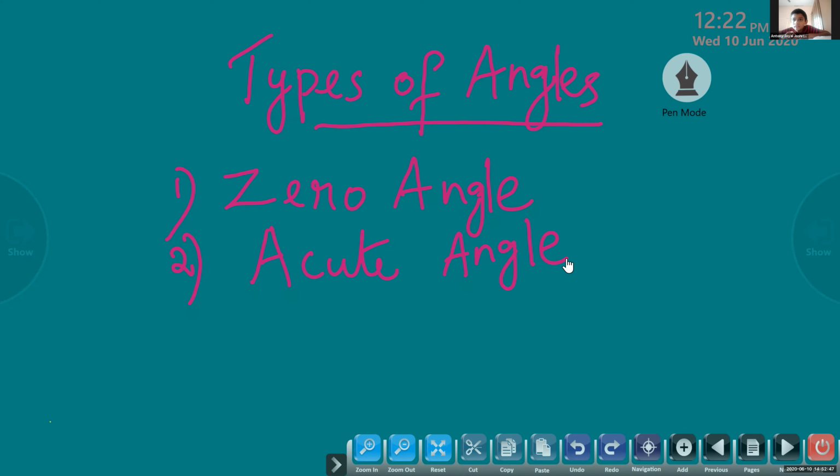Acute angle. Can you see the board? Ma'am, I can see. Who cannot see the board? Srihari, can you see the board? Unmute and say. What is written on the board? Ma'am, it's not clear.